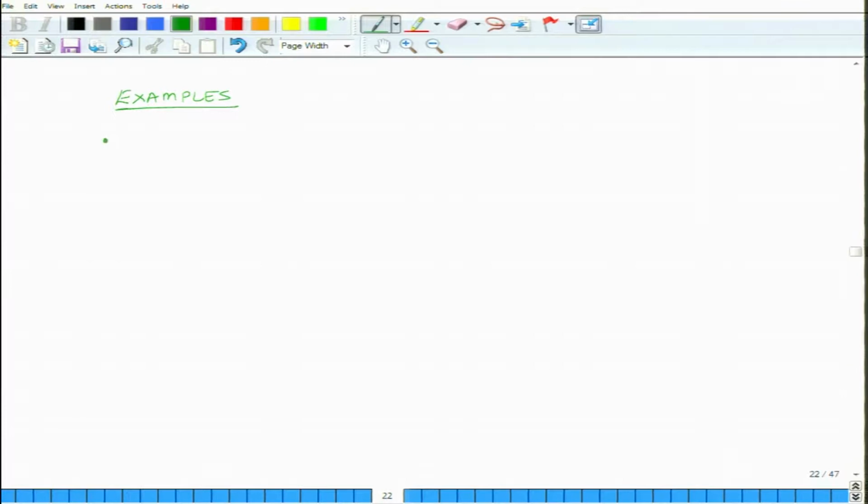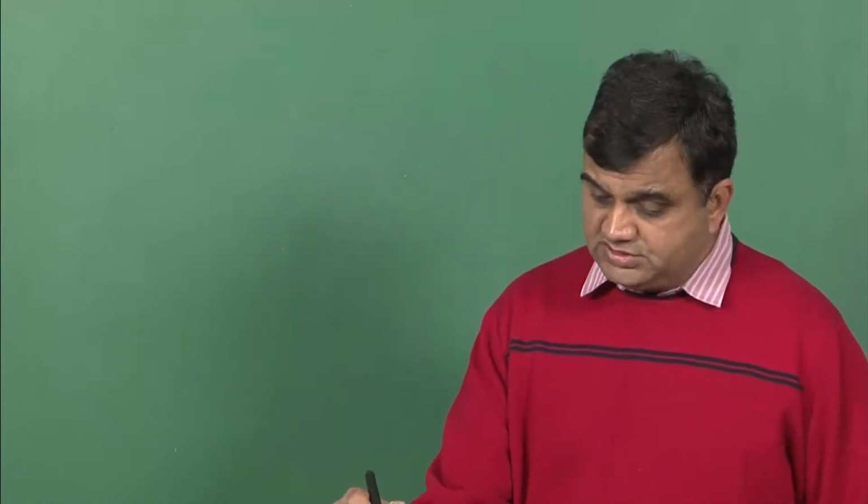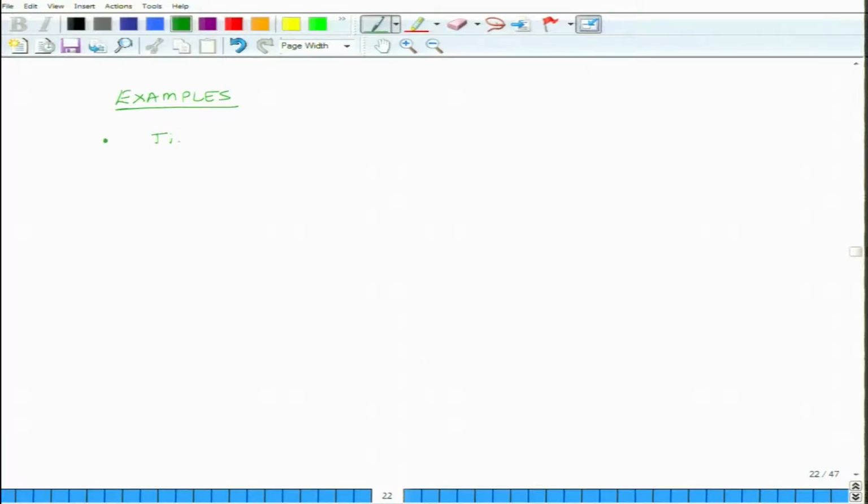Some of the most common materials which we use as matrices are based on titanium or aluminum. Density of titanium is 4.5, density of aluminium is 2.7. You do not want to use steel as the matrix material because it has very high density. So, these are some of the lighter materials.